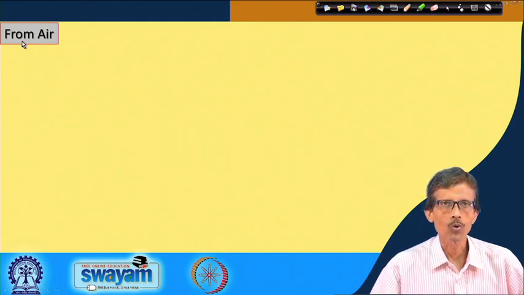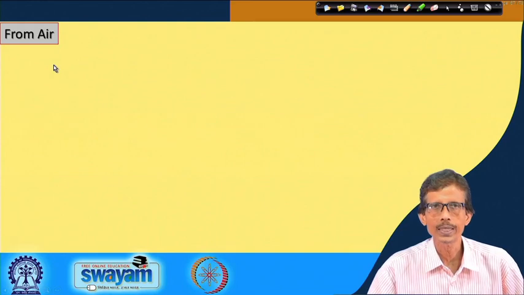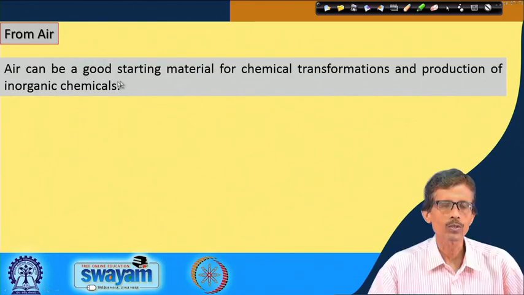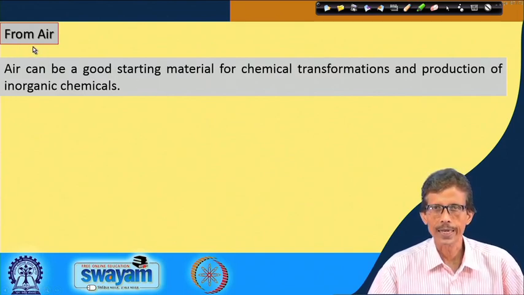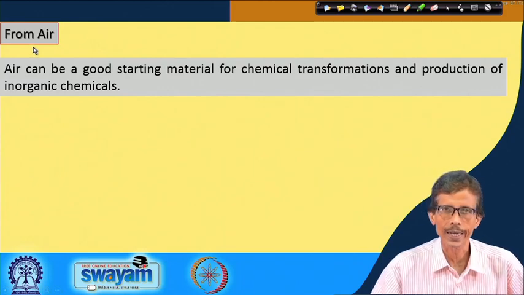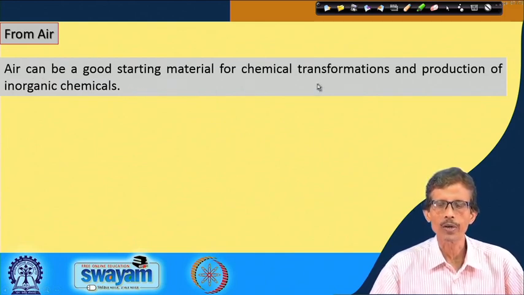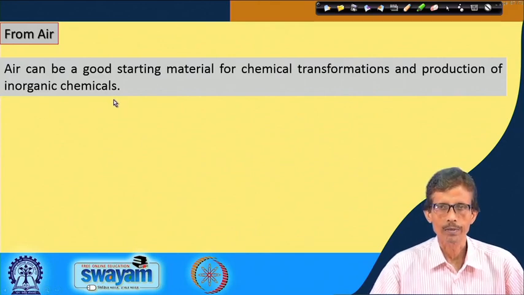Another source, like water, is air. What are the different things we can get? In our previous class we saw that we can categorize the materials we can get from air: hydrogen, some amount, oxygen and nitrogen. So, typical air can be a good starting material for chemical transformations and production of inorganic chemicals.